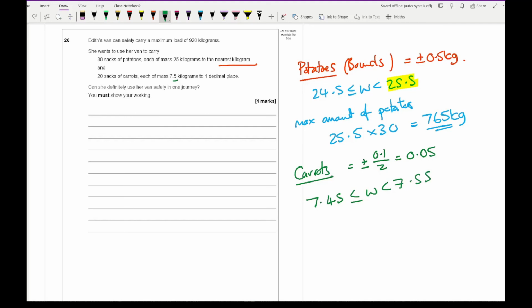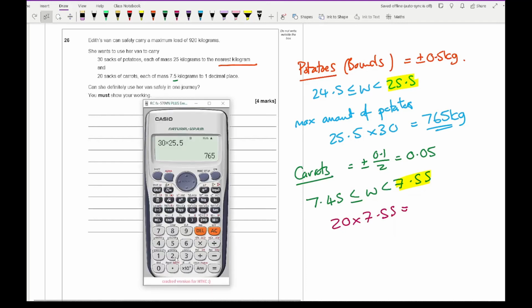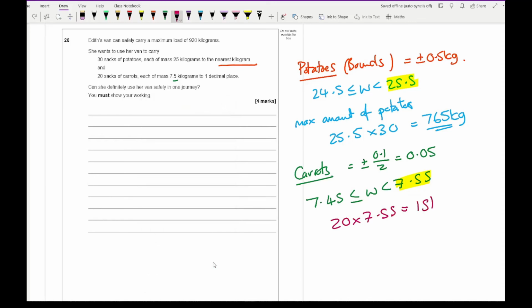Again, we're going to take our upper limit and multiply it by the number of sacks. So we've got 20 times 7.55, which equals 151 kilograms.